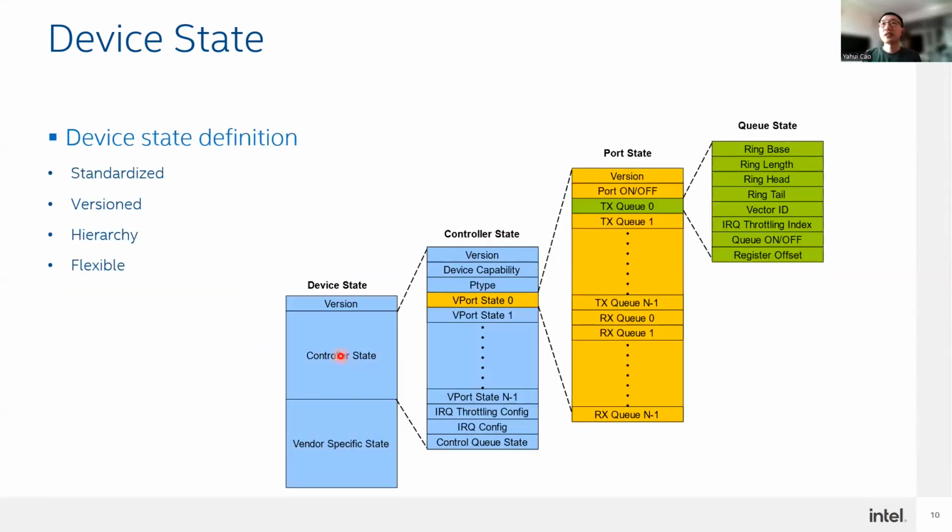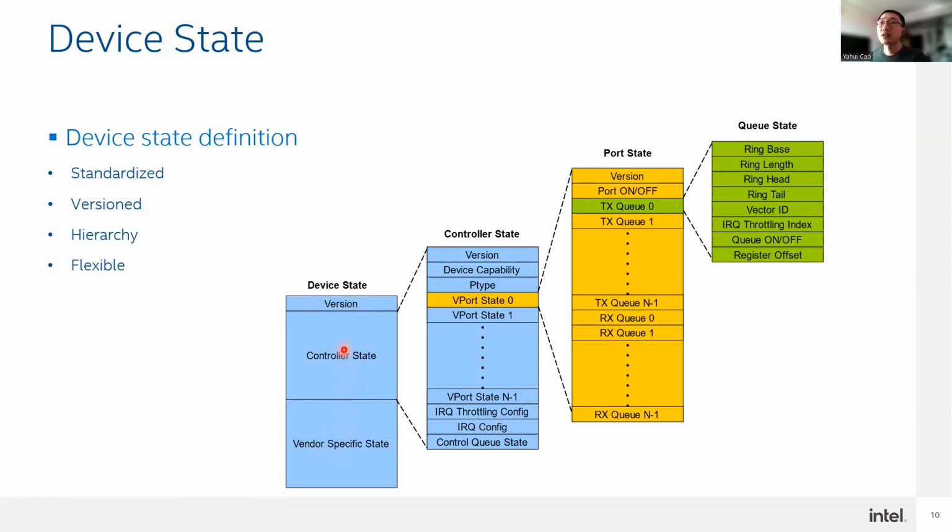So next is device state definition. First, let's see how we define our device state. This device state is organized as below. We have a version, we have a control state, we have vendor specific state.